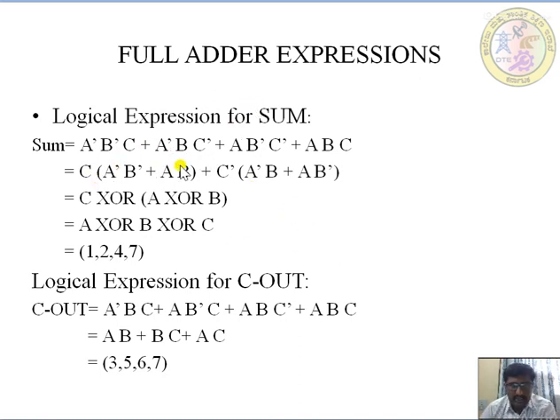In this they are taking C as common, so I get A bar B bar plus A B, and taking C bar as common, I get A bar B plus A B bar.